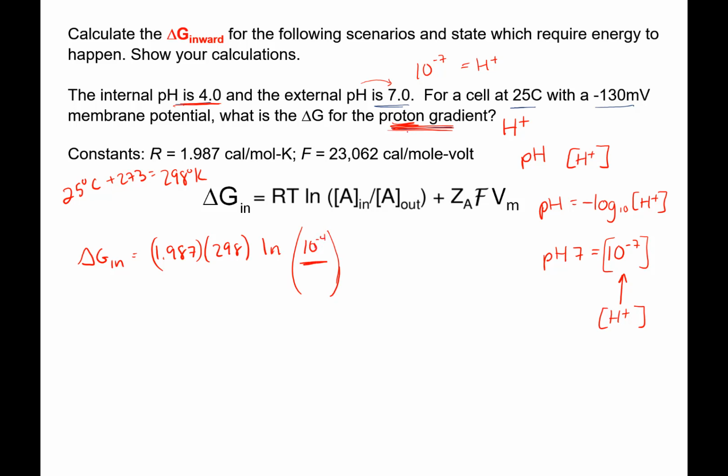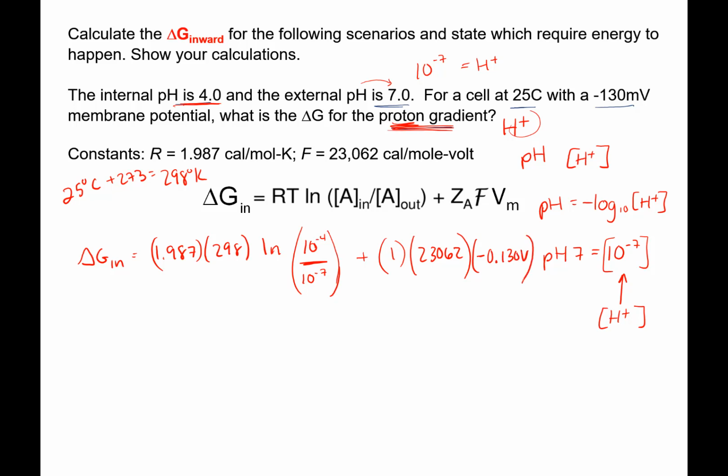The concentration out is 10 to the minus 7. This is an ion, so the Z is positive 1, F is 23062, and our membrane potential is negative 0.130 volts.